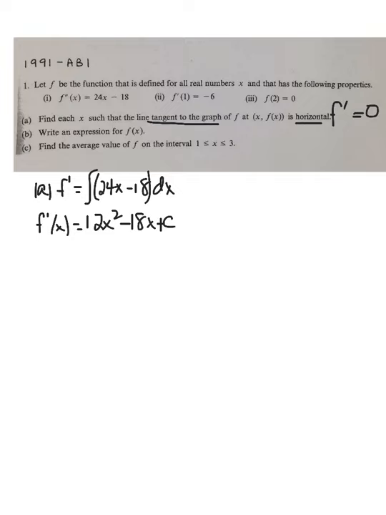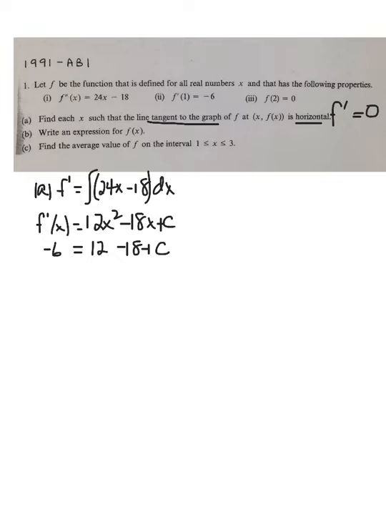Now let's look for a set of conditions. As far as the derivative is concerned, we know x will be 1, and we'll set it equal to -6. That'll help us find our c. So we're going to put -6 here, and we're plugging in 1 for x.